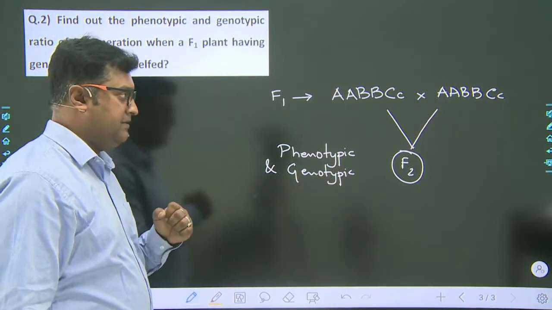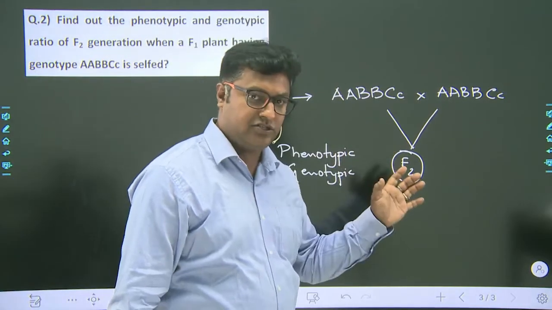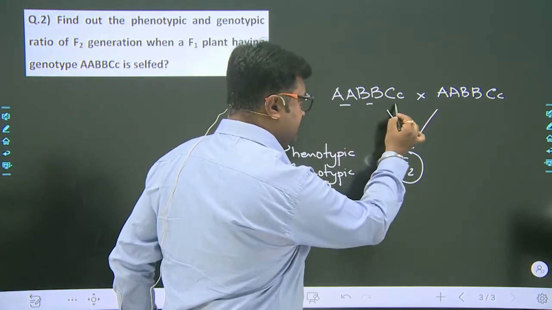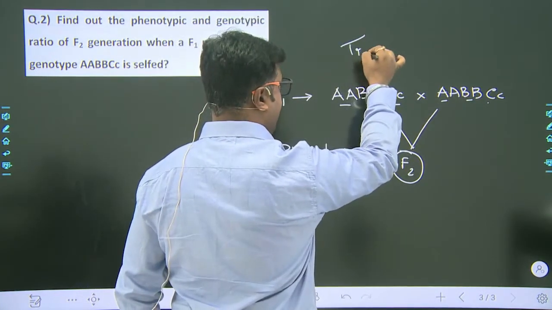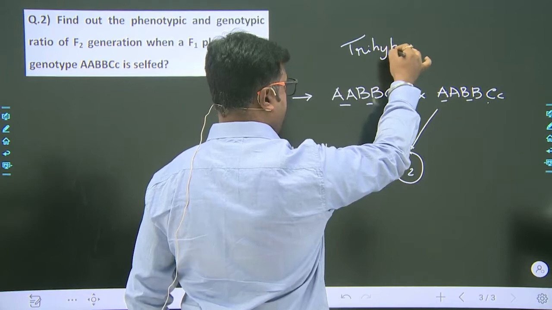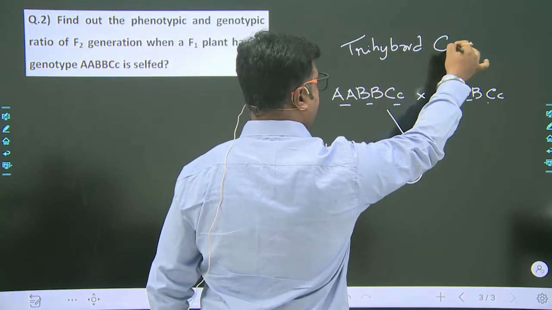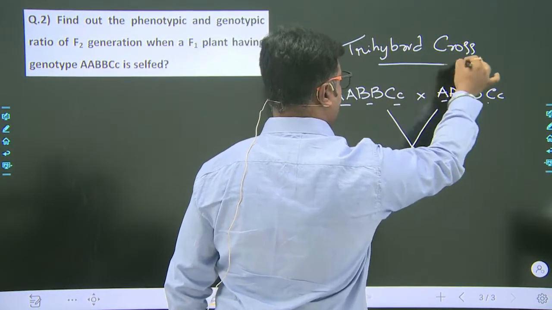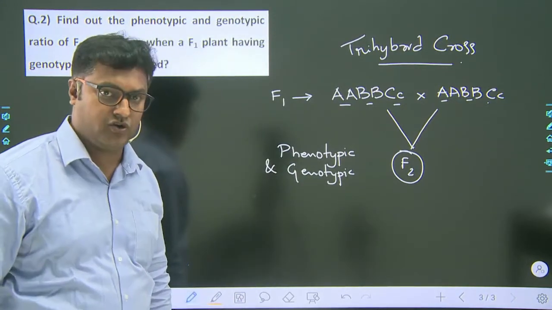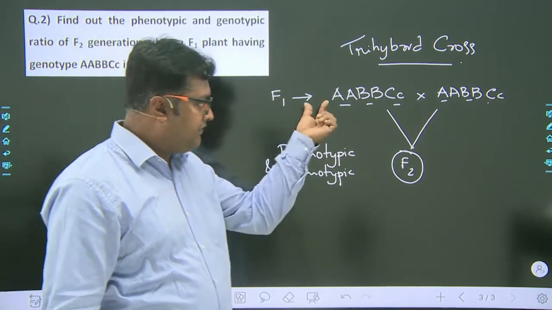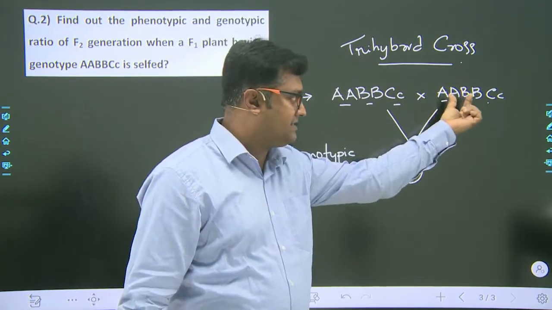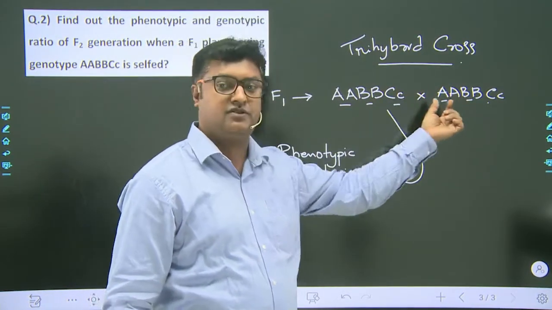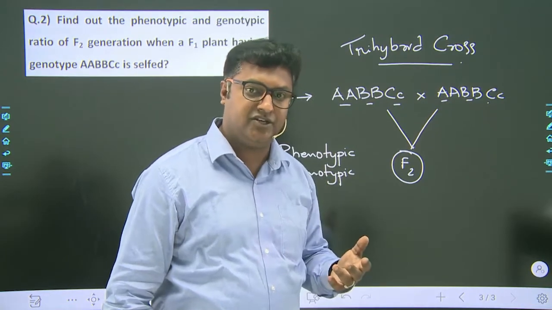Clear? So first of all, tell me, this type of cross, where 3 characters are being studied at one time, is an example of a tri-hybrid cross. But if we see this condition very closely, the first 2 characters, the alleles present for them, are in homozygous condition.